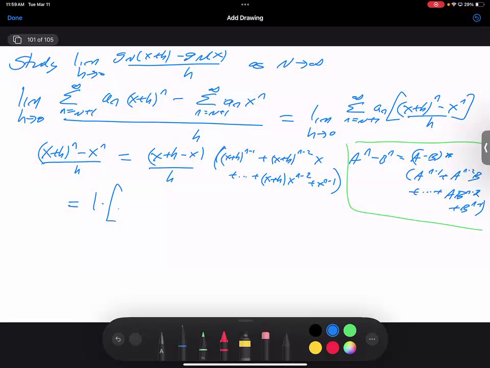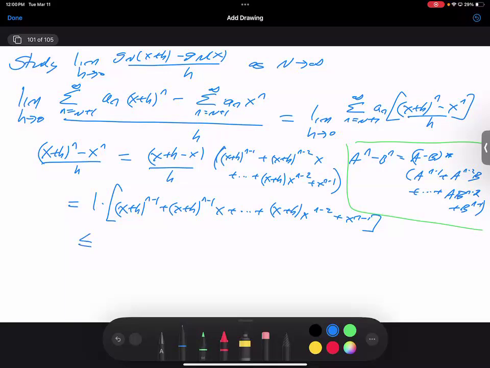And now we have x plus h to the n minus 1 plus x plus h to the n minus 2 times x plus dot dot dot plus x plus h times x to the n minus 2 plus x to the n minus 1. Okay. How big can this be? How many terms do we have? N terms.